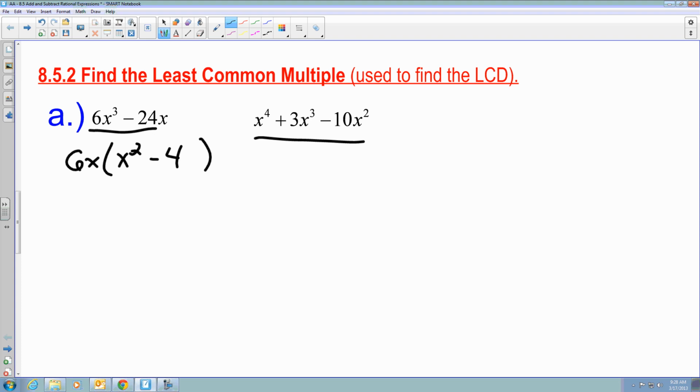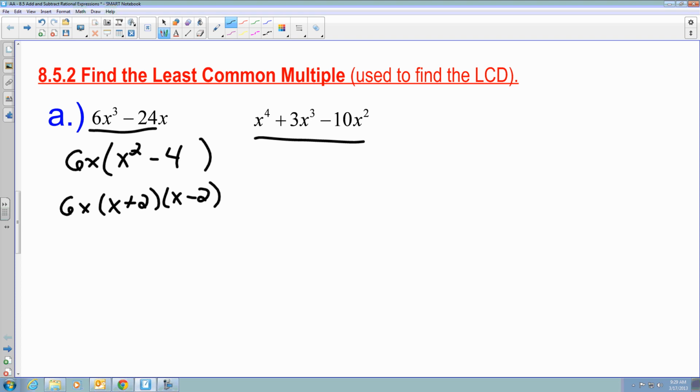But anyway, so here, again, same thing. I'm going to put 6x. But now this is a sum and difference pattern, so I can say this is x plus 2 times x minus 2.